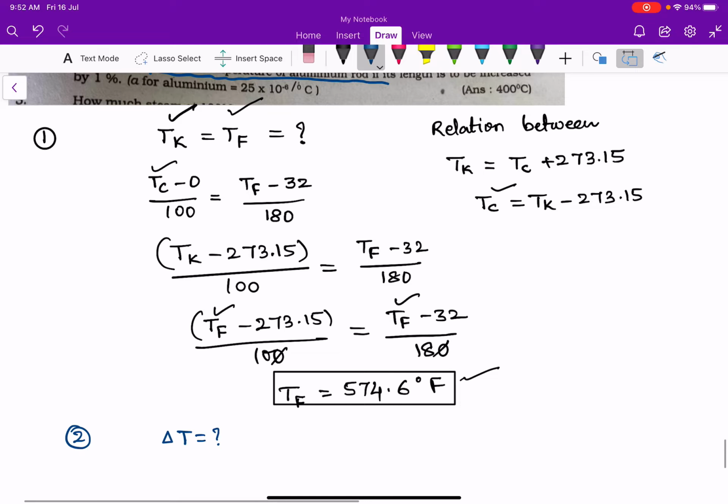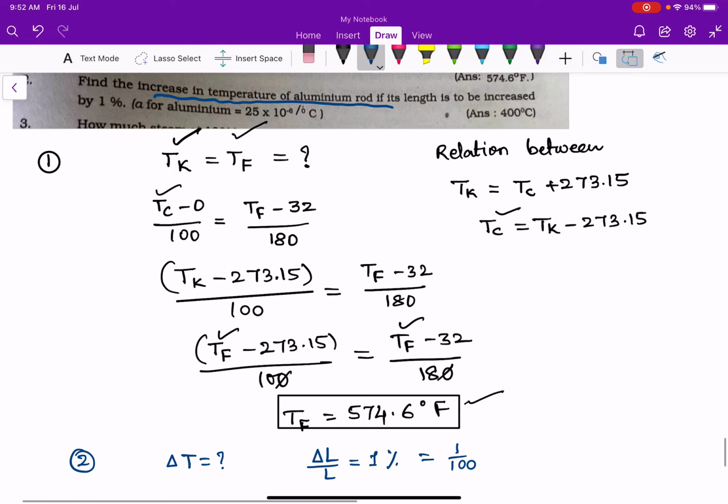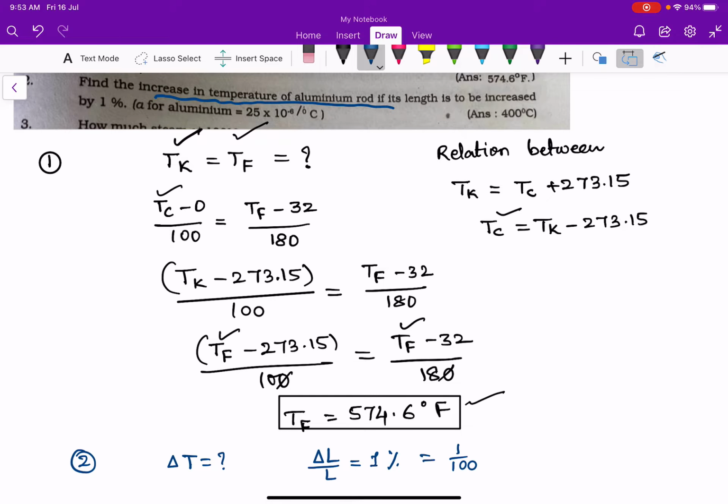The fractional change in length, delta L by L, is given as 1%, which is nothing but 1 by 100. He has also given the coefficient of linear expansion for aluminum, which is 25 into 10 to the power of minus 6 per degree Celsius. So this is given.